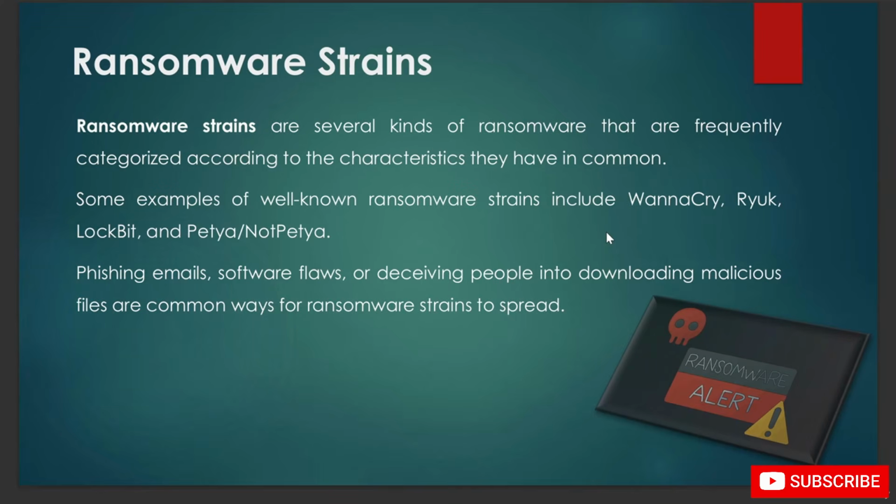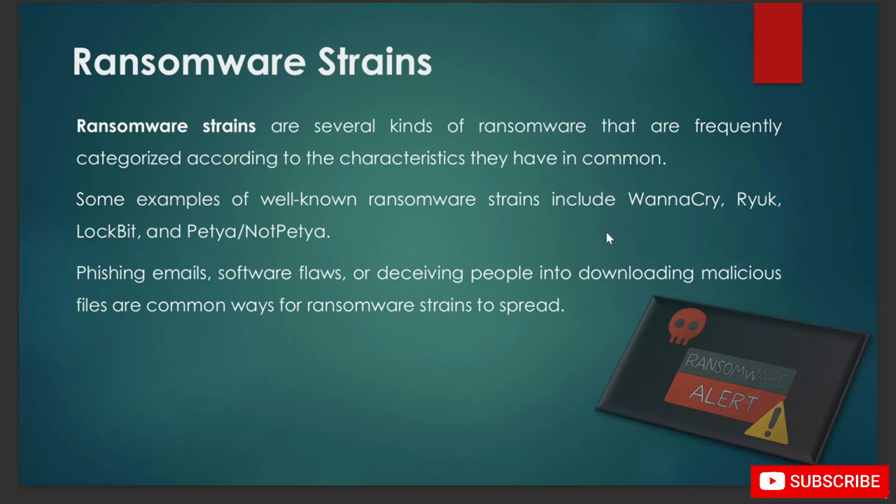All right, so we have here what we call ransomware strains. Now, ransomware strains are several kinds of ransomware that are frequently categorized according to the characteristics they have in common. Some examples of well-known ransomware strains include WannaCry, Ryuk, LockBit, and Petya/NotPetya. Now, phishing emails, software flaws, or deceiving people into downloading malicious files are common ways for ransomware strains to spread.